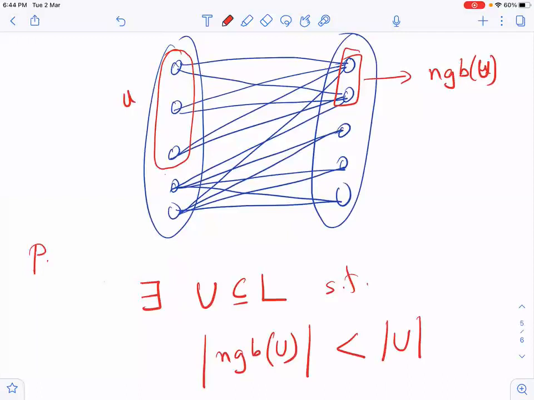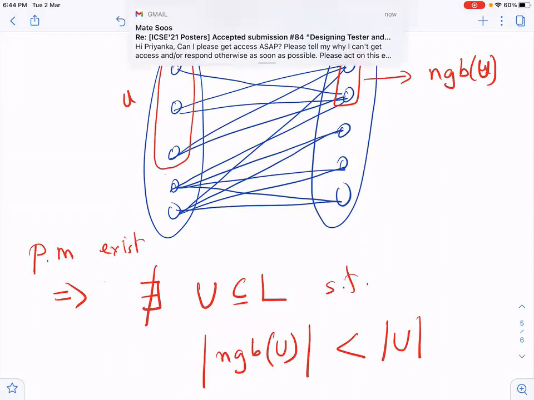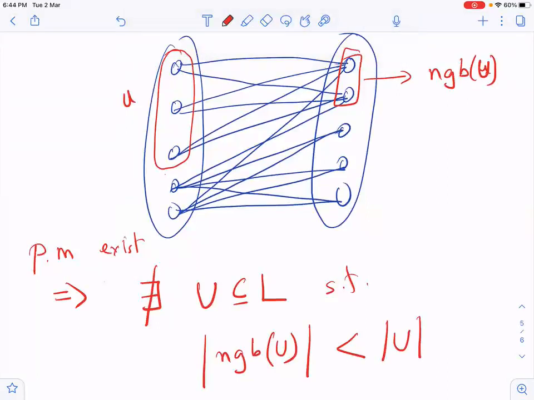So perfect matching exists implies that there cannot be any such U. Is this clear? Or should I repeat it? It's clear, sir. It's clear? Okay, good.